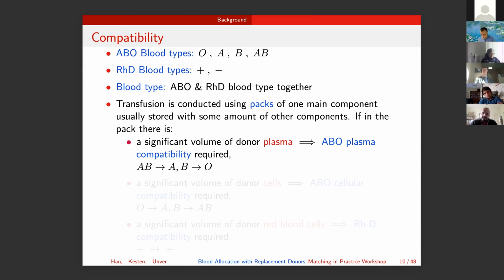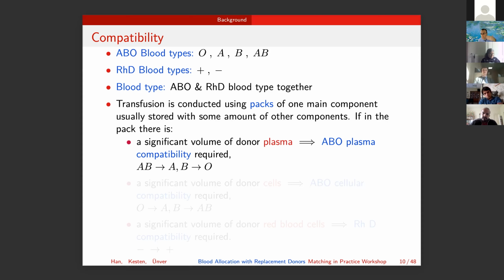That's how it is stored. Red blood cells also carry some amount of plasma with them. But it depends, and there are different protocols around the countries in the world for how compatibility works because of that.